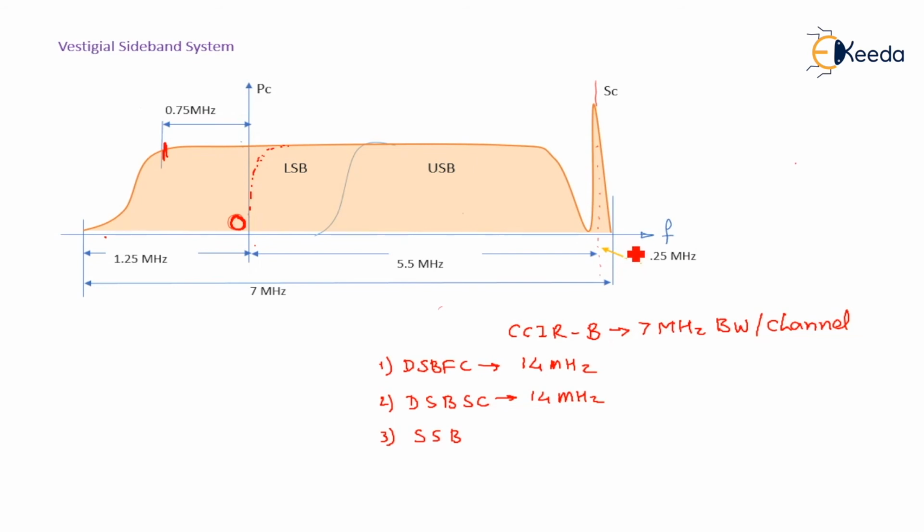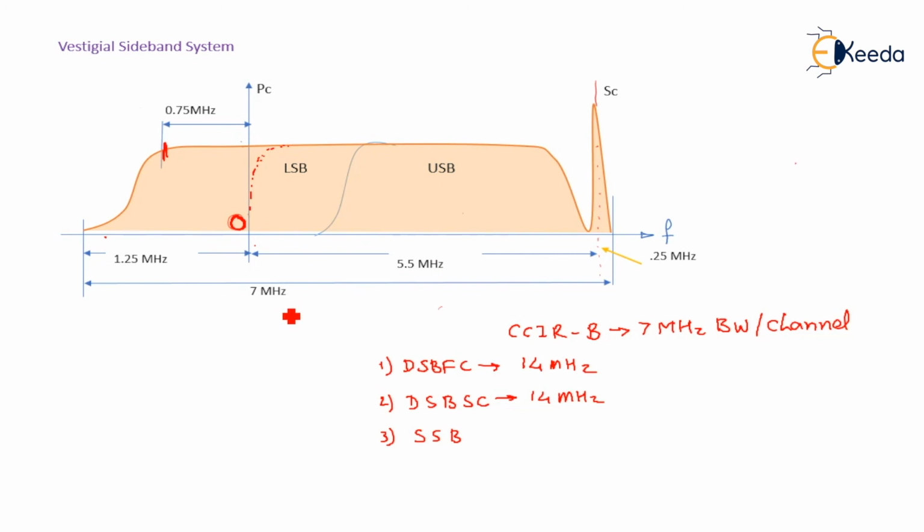You can see the guard band. So this is the sound carrier and the complete bandwidth will be 5.5 plus 1.25, this is 6.75, plus 0.25, equal to 7 megahertz we obtain.